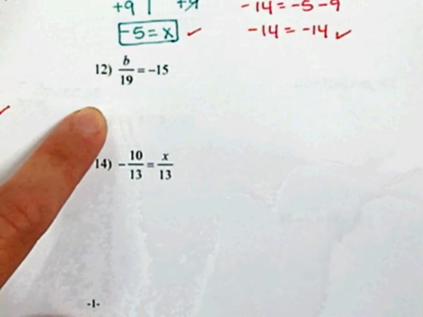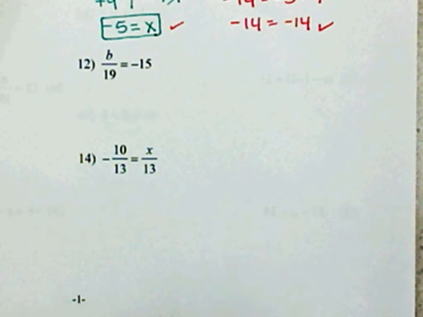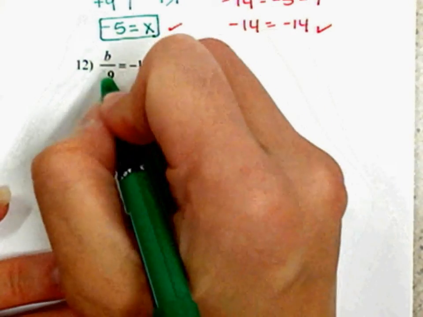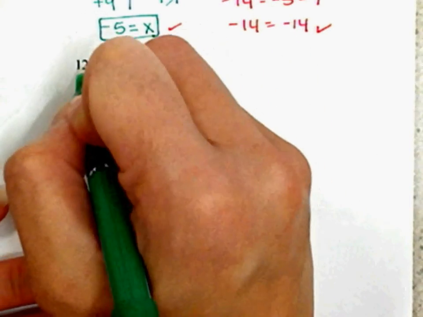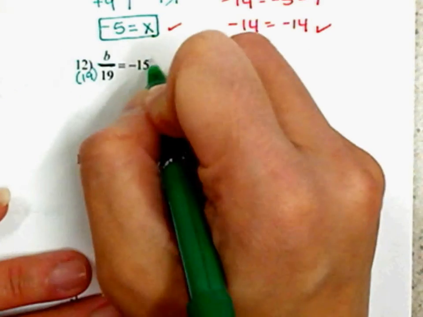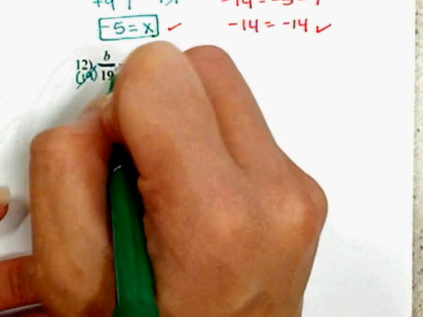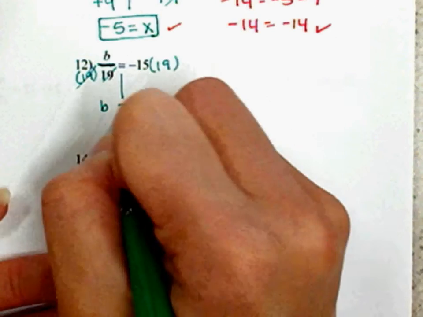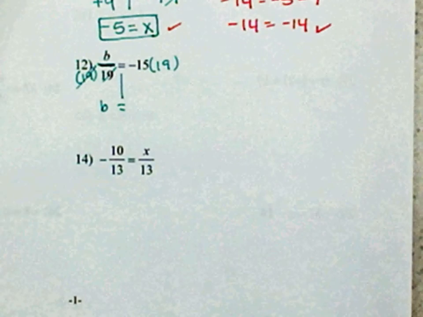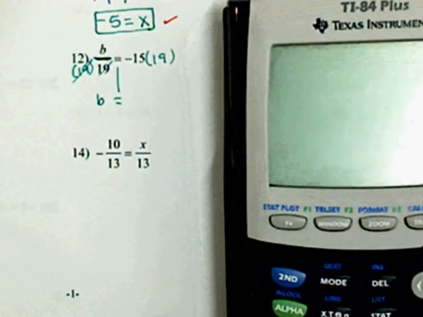Number 12. This is b divided by 19. Opposite of dividing is multiplying. What you do to one side, you do to the other. So b equals, and I'm going to use my calculator for this one. Okay? So that is clear.